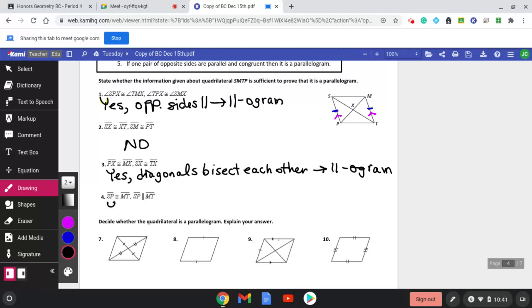So we're going to write yes, but we're not going to write 'special case implies a parallelogram.' You'll be a special case if I see that written down.